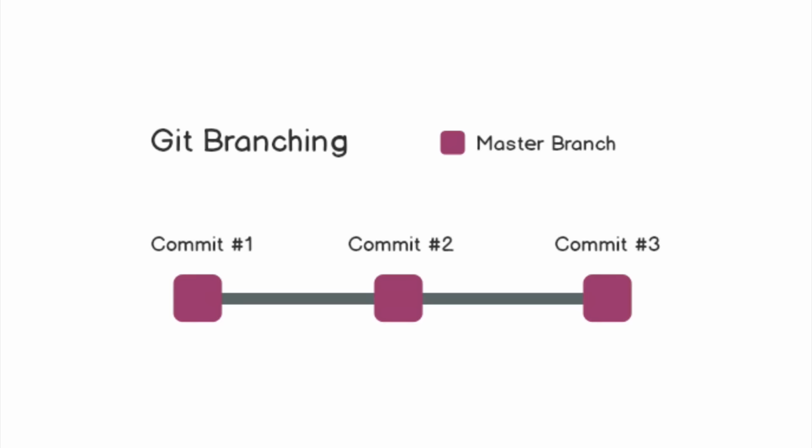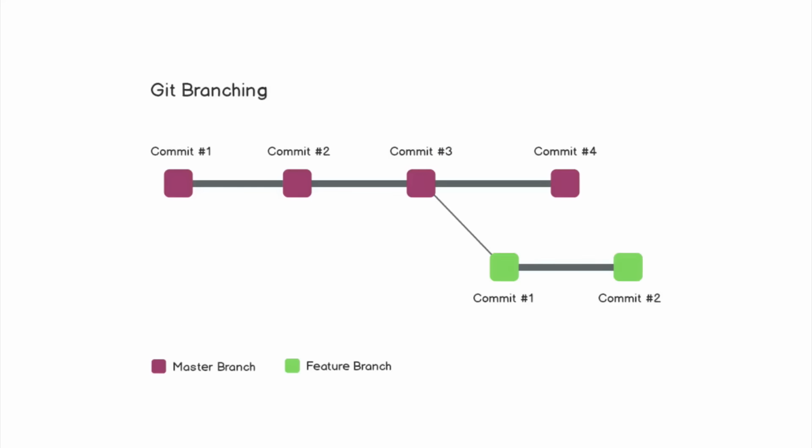So we saw earlier that we had a master branch, we were committing to that master branch, but we could also make another branch. We'll call it feature branch. So let's talk about what happens when we create a new branch. At first, the code on master and this new feature branch will be exactly the same.